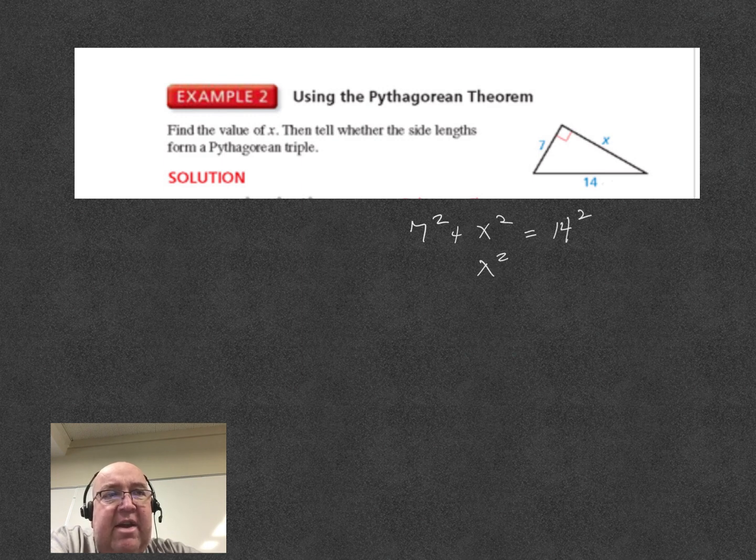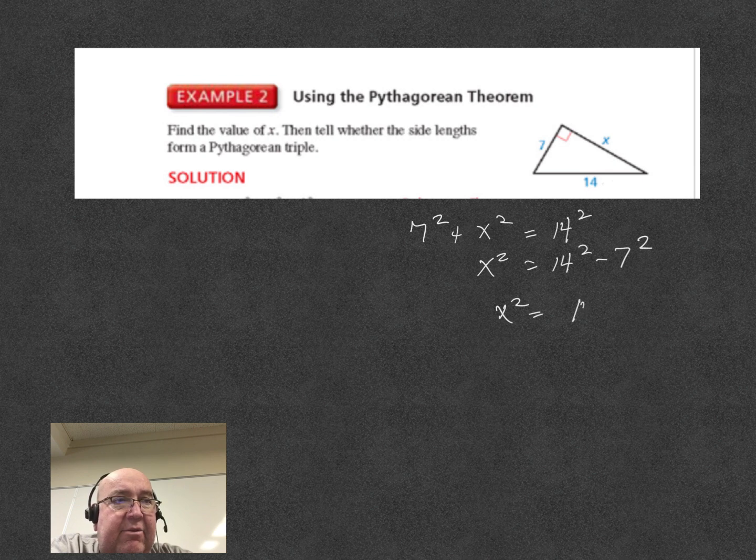So we're going to try to find x squared, which is equal to 14 squared minus 7 squared, and that equals 147. We're going to take the square root, and we get x is equal to the square root of 147.